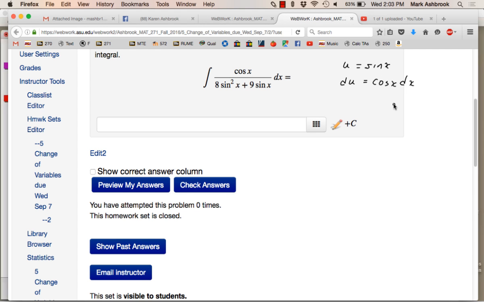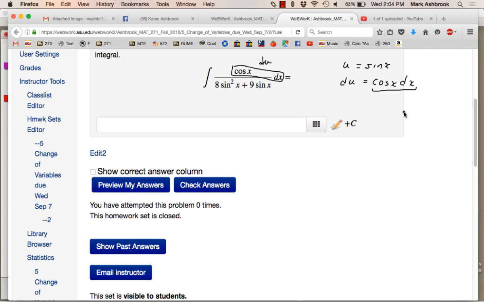dx. Okay, and before we start changing this around and solving for dx, just kind of notice what happened there. Look, what does du equal to? Cosine x dx. So we could solve for dx and kind of work this around, but if we just notice, look, cosine x dx is equal to du, right? What do you have in this? Cosine x dx. You see it right there. That's du. We just found that.